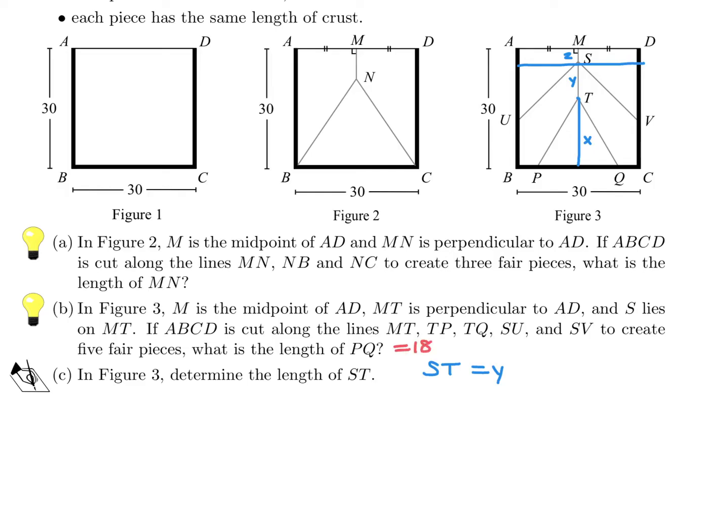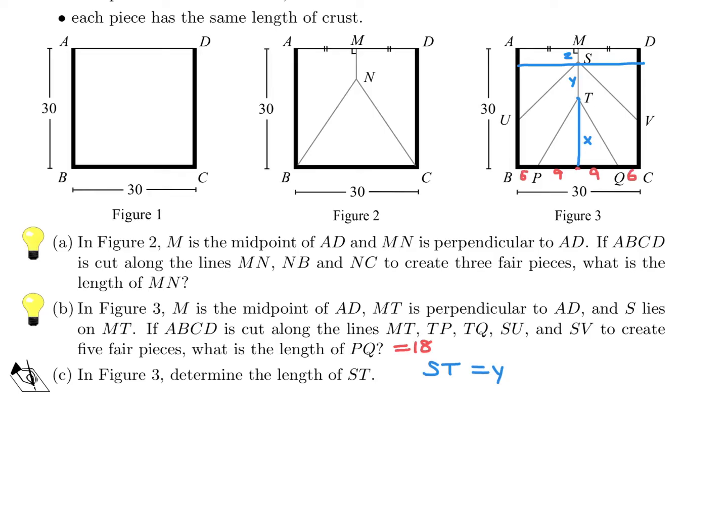The whole thing is 18, so that would be 9 and 9, in terms of P to this point, the middle. Okay, that's actually very helpful. I wasn't even thinking about the previous question. And then, since the whole thing is 30, if I subtract that 18 from 30, I get 12. So that means these guys are 6 and 6. Okay, so that's very helpful.